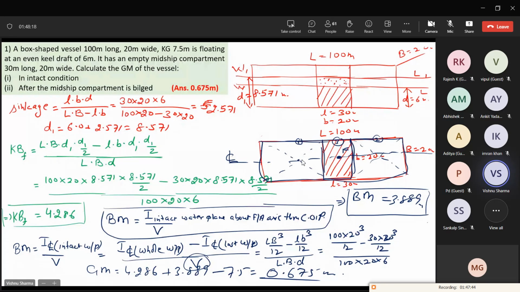Okay, guys, one more thing before I give you a small break of 5 minutes. When is it that KB will be D1 by 2? So that I can avoid the calculations.